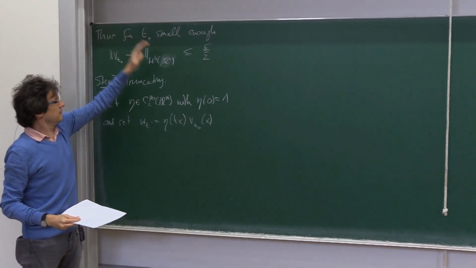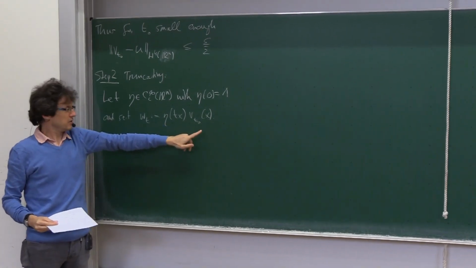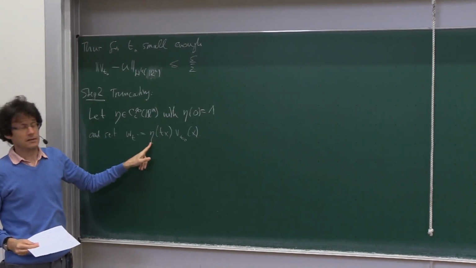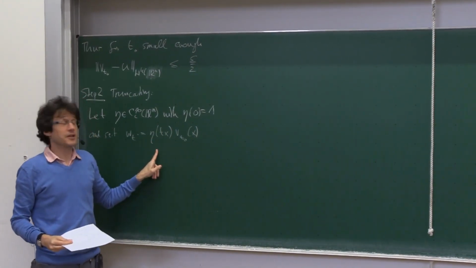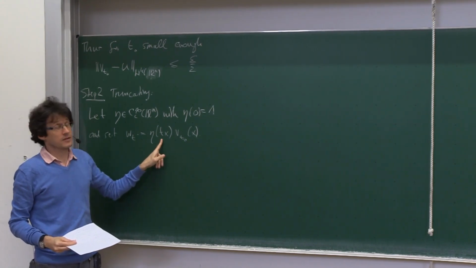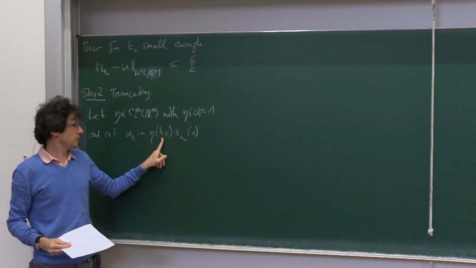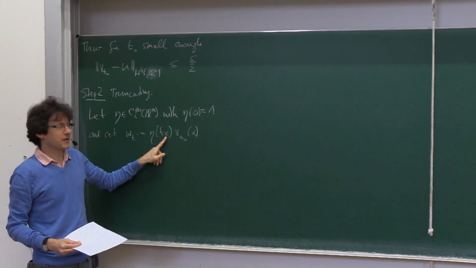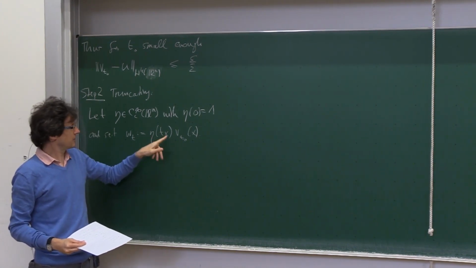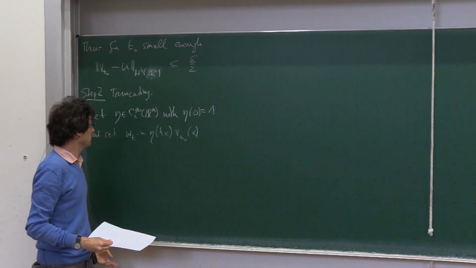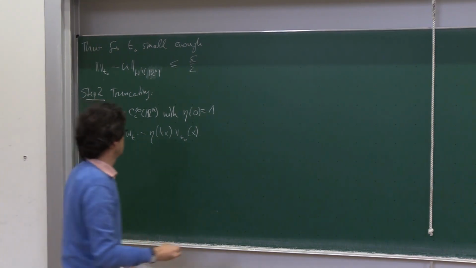Then this thing is C infinity, because that is C infinity and that is C infinity. It is even C infinity with a compact support because the eta is compactly supported. So if x is far enough out, this will be 0. So the product will be 0. So it's a C infinity function.